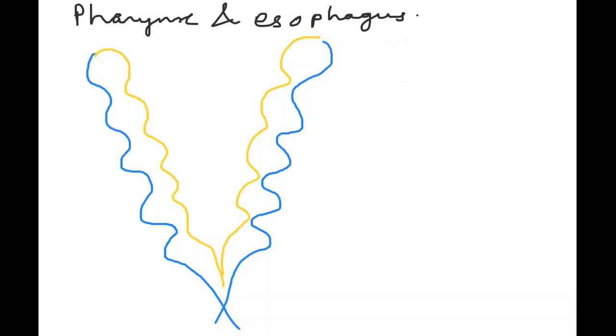Now here, first of all, supposing here you have the first pouch and the second pouch. Okay, first pouch, second pouch, like this. These are the two structures. Now the ectoderm of the first cleft will grow inwards and the endoderm of the second pouch will grow outwards into the mesenchyme. Okay.